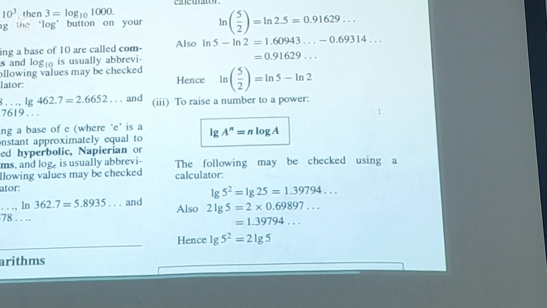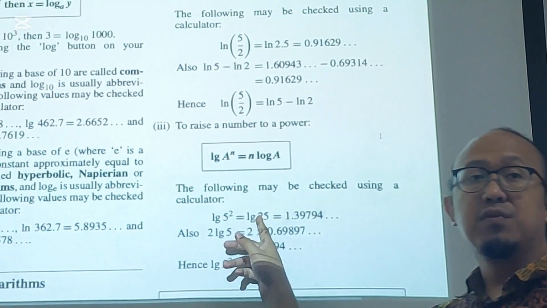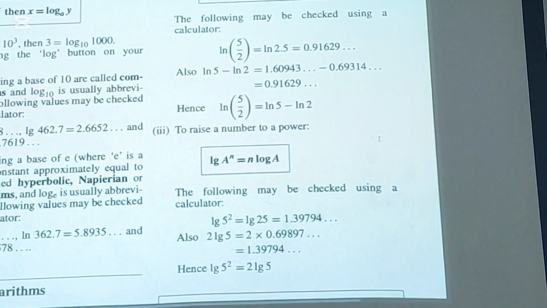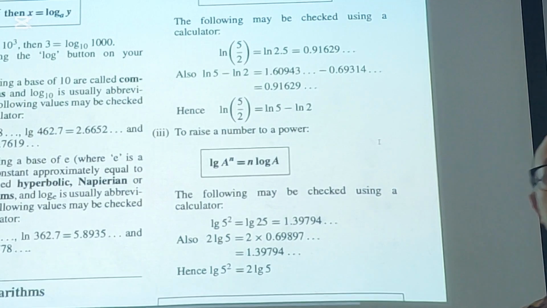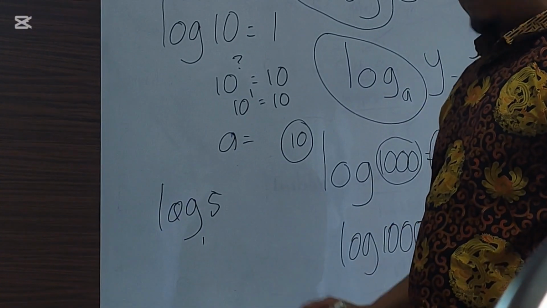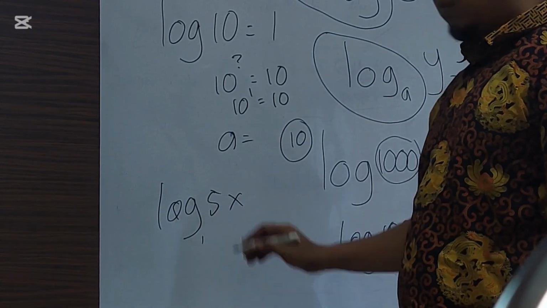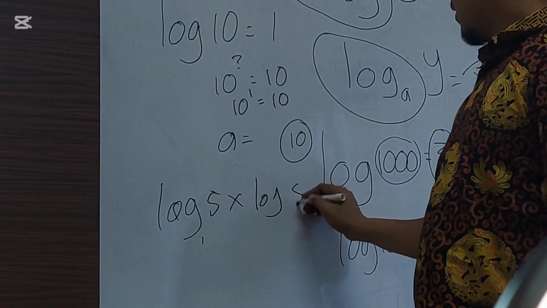Is it the same value? For example, log 25, you change to 5 times 5. So it will be log 5 times log 5.